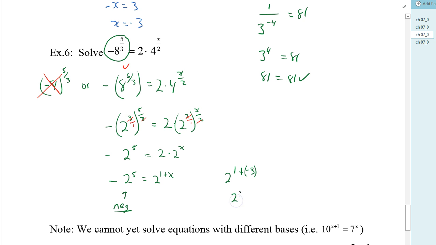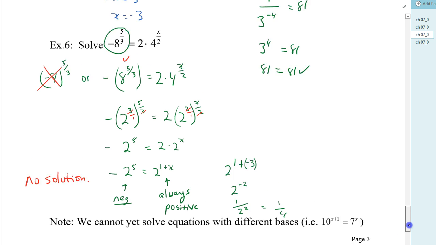That's the same thing as 2 to the power of negative 2, which is the same thing as 1 over 2 squared, which is equal to 1/4. So if I make x a negative value, I get 1 over some number. It gets closer and closer to 0, but it never gets negative. The right-hand side is always positive. So because you've got a negative on one side and no negative on the other side, the answer at this point is going to be no solution. Just watch out for that.